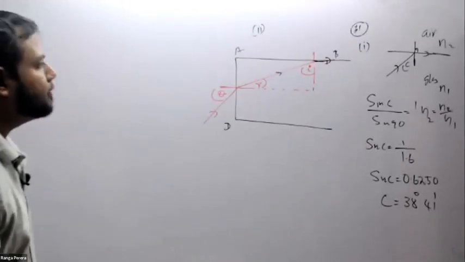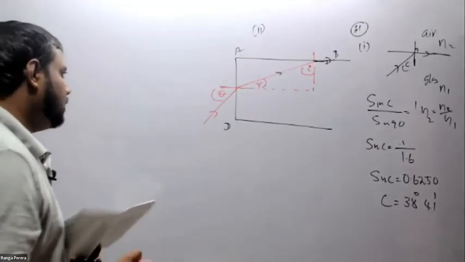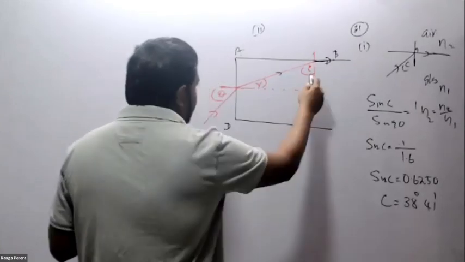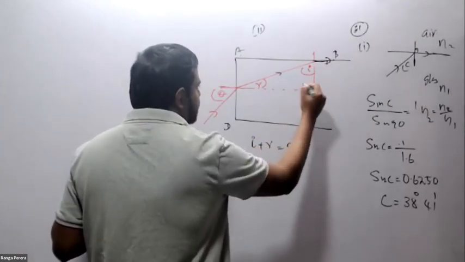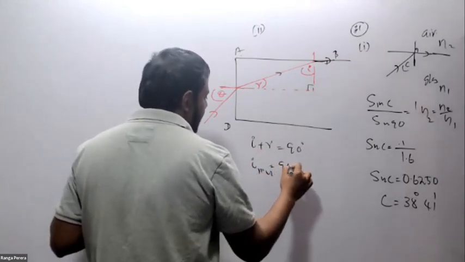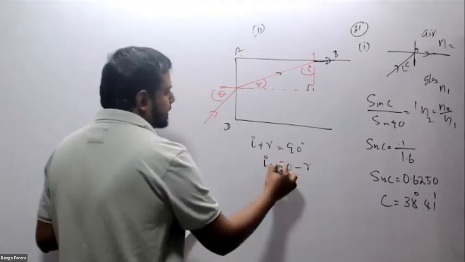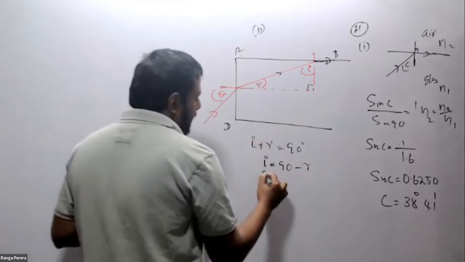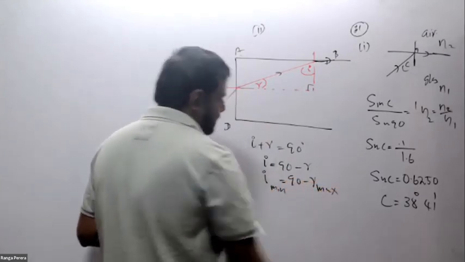I'm trying to find the minimum value of I. We have an idea: I plus R equals 90 degrees, because this is 90. I equals 90 minus R. So I minimum equals 90 minus R maximum, isn't it?